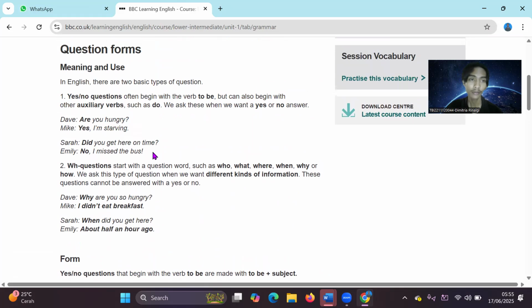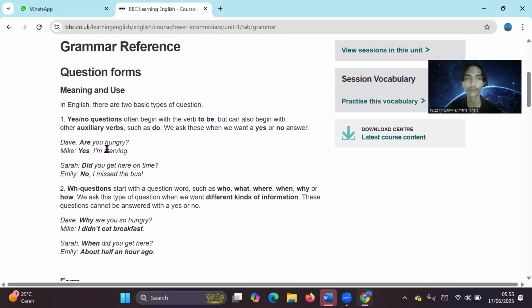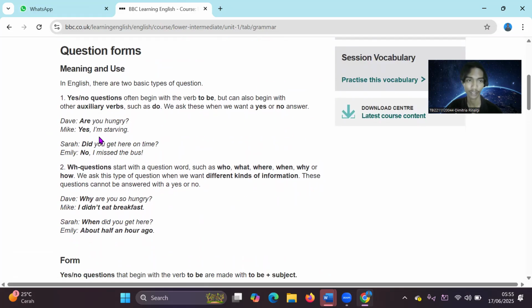Now you will understand the difference between these two question forms, yes/no questions and WH questions.